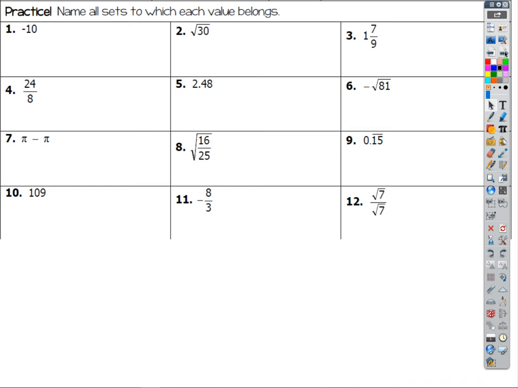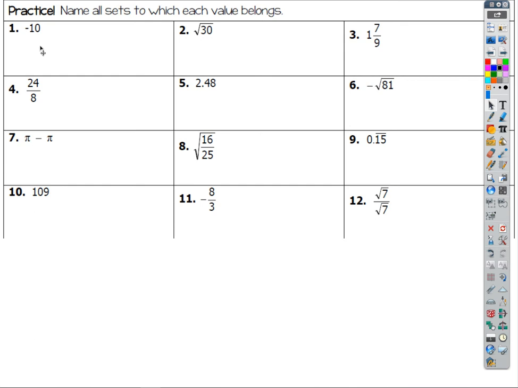Okay, starting from the smallest set that it belongs to, and then everything that all the other, call them supersets, all the other sets that include that one would get included also, right? So what about this one? What's the smallest set that one includes? Not natural. How come that's not a natural number? Oh, it's negative. Okay. Integers. Okay, so we know that it would be included in the set of integers.